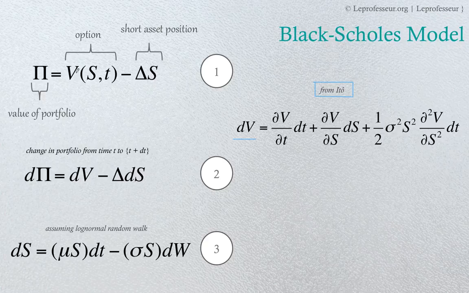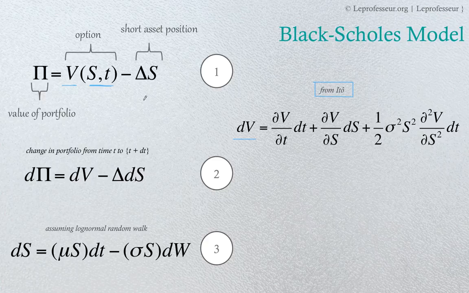Notice that V, the value function, has S and t, 2 variables. So to determine dV, we have to take a partial derivative with respect to S as well as with respect to t.